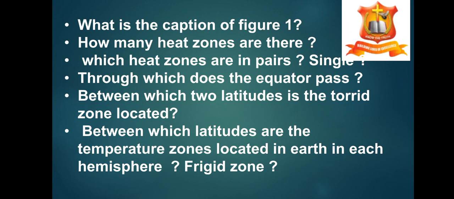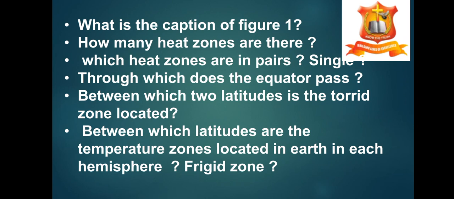Now, the next question was, what factors affect the temperature of a place? Several factors are there, such as latitude, altitude, winds, distance from the sea, and ocean currents. All these affect the temperature of a place. What do you understand by altitude? Altitude is the height of a place above the plain.